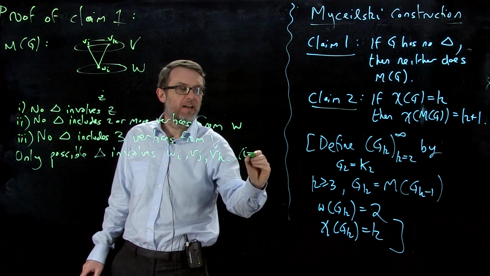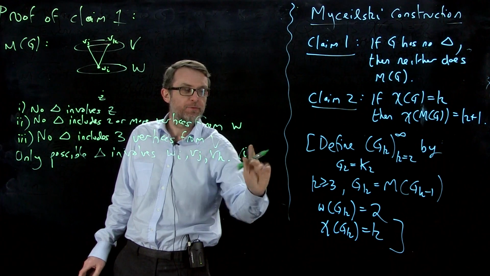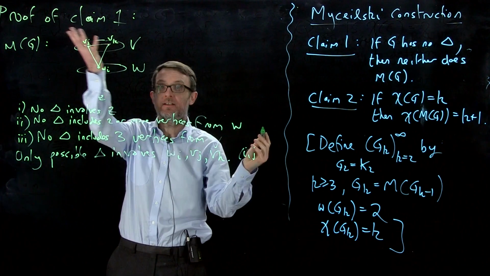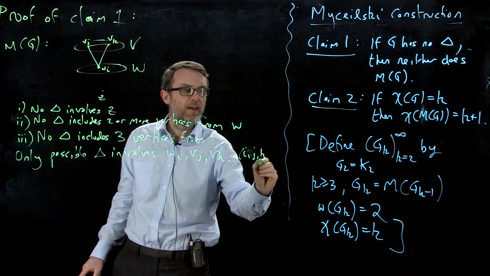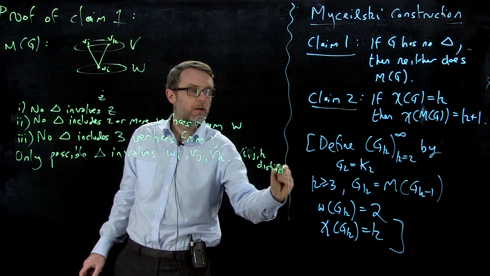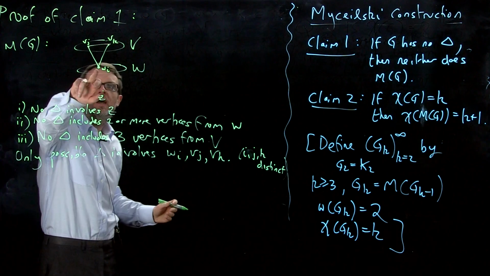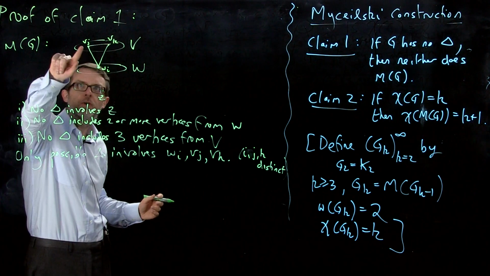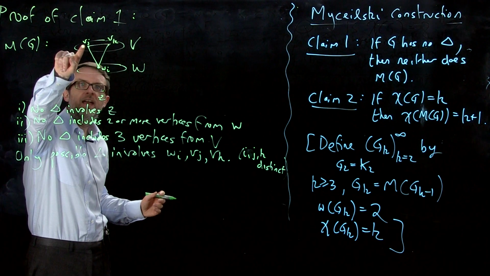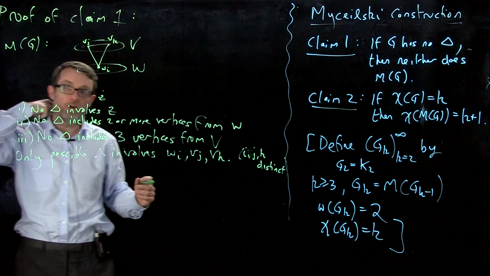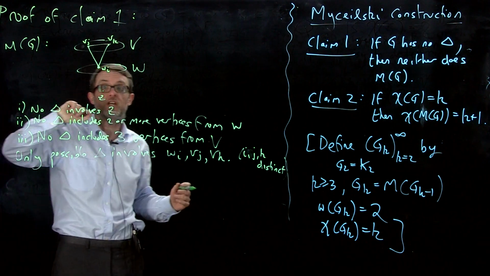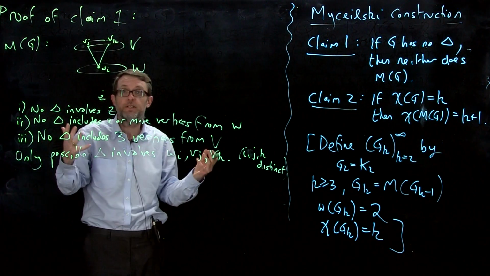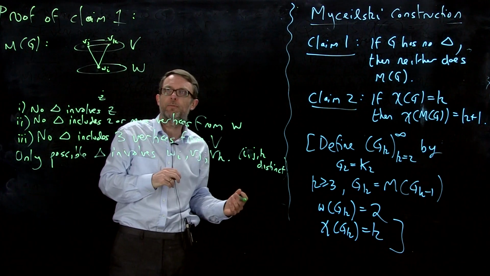Notice that i, j, and k have to be distinct here. Of course, j and k are distinct because they're different vertices in V. But also, i can't be equal to j or to k, because the edge from w_i to v_j is there because v_i and v_j were adjacent in V. And so i has to be different from j, and ditto i has to be different from k.